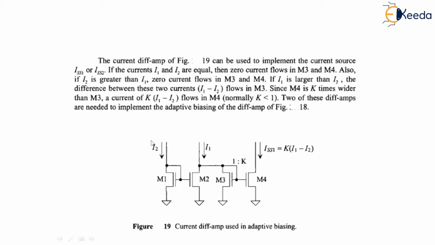And if I1 is greater than I2, then the difference I1 minus I2 flows in M3. M4 is K times wider than M3, so a current of K times (I1 minus I2) flows in M4, where K is always less than 1.